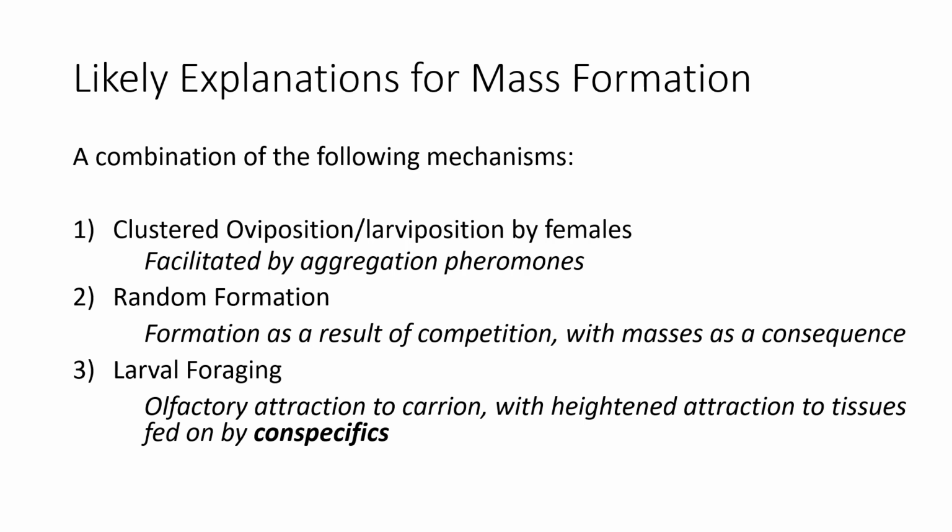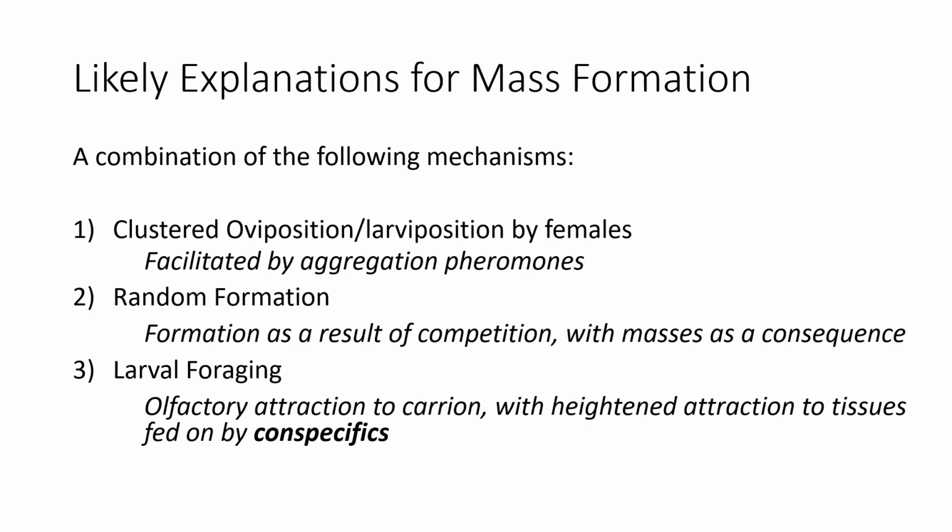And then you'll have random formation, and usually this can result from direct competition between individuals. And what they're actually doing is looking for the exact same resource in one location.